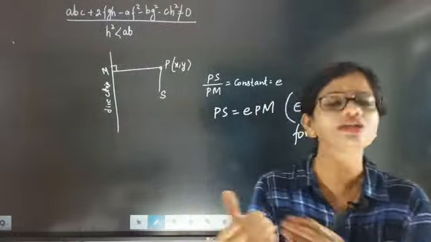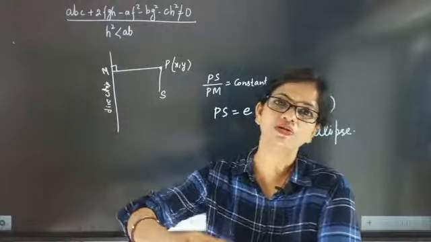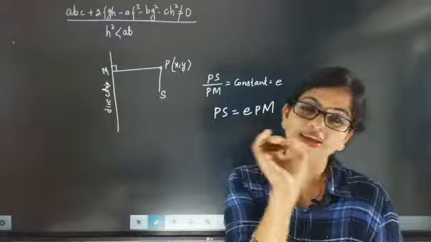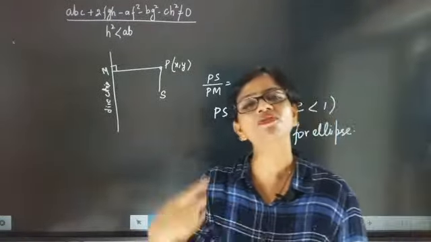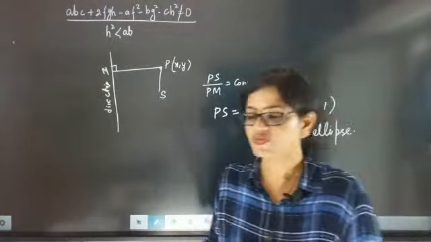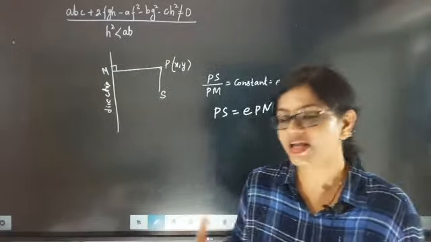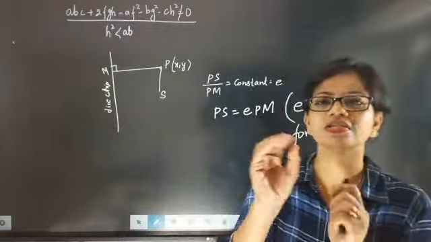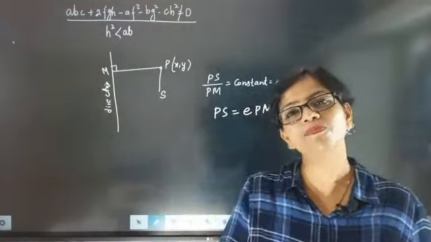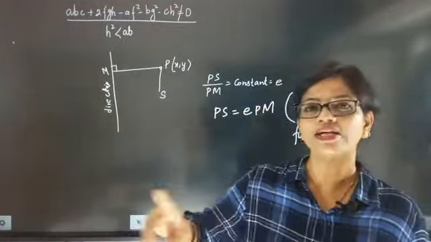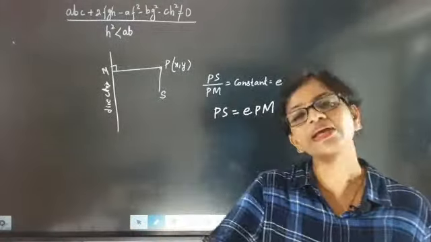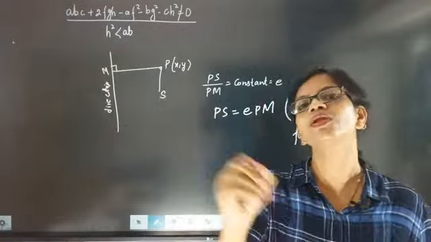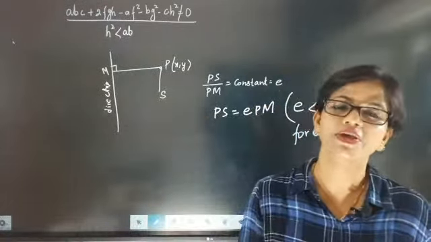These are the most important points I discussed for ellipse. These are the basic points which in future also, if you go for any examination, you will need. So if somebody asks you the definition of an ellipse, what answer are you going to say? An ellipse is the locus of a point in a plane whose ratio PS by PM is equal to a constant, and this constant is less than 1.